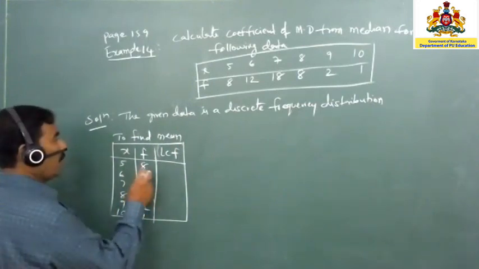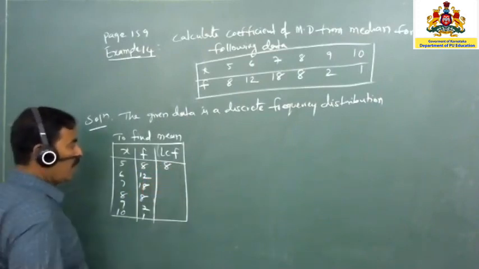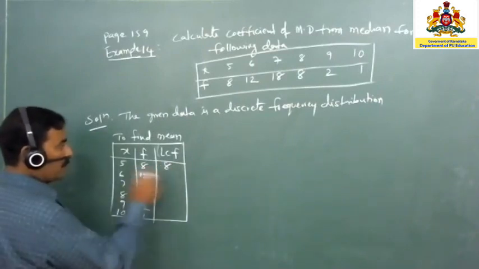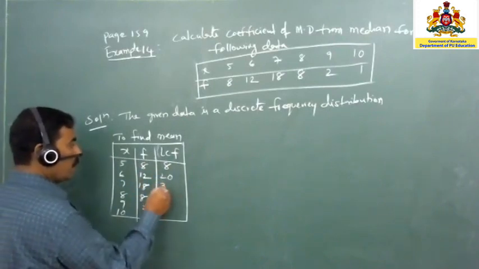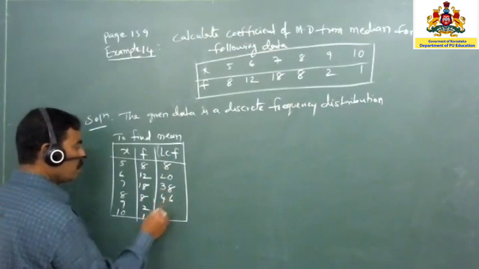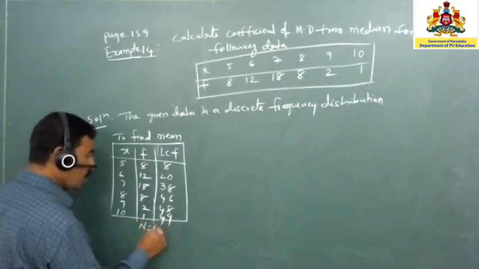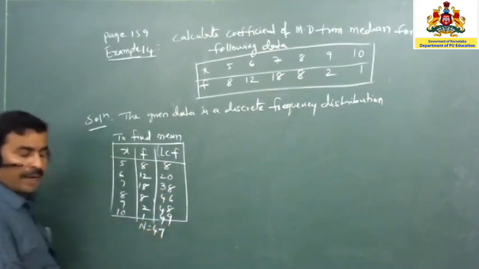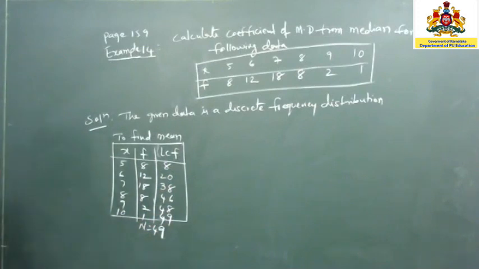First frequency as it is, then 8 plus 12 is 20, 38, 46, 48, 49. N equal to 49.